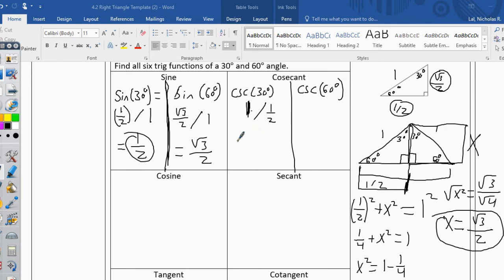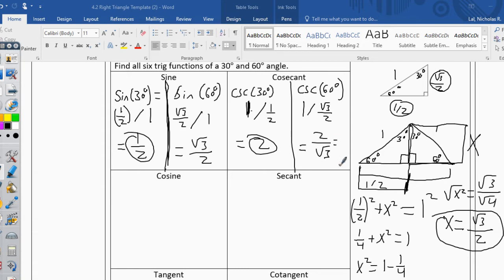1 over 1/2, that's equal to 2. The cosecant of 60 is 1 over root 3 over 2. So that's going to be equal to 2 over root 3. Flip the fraction. Multiply each side by root 3 over root 3.